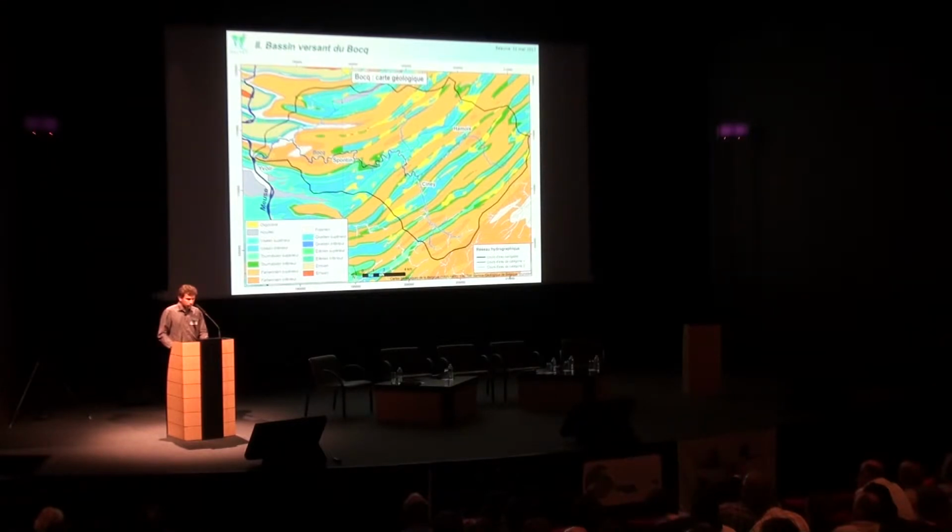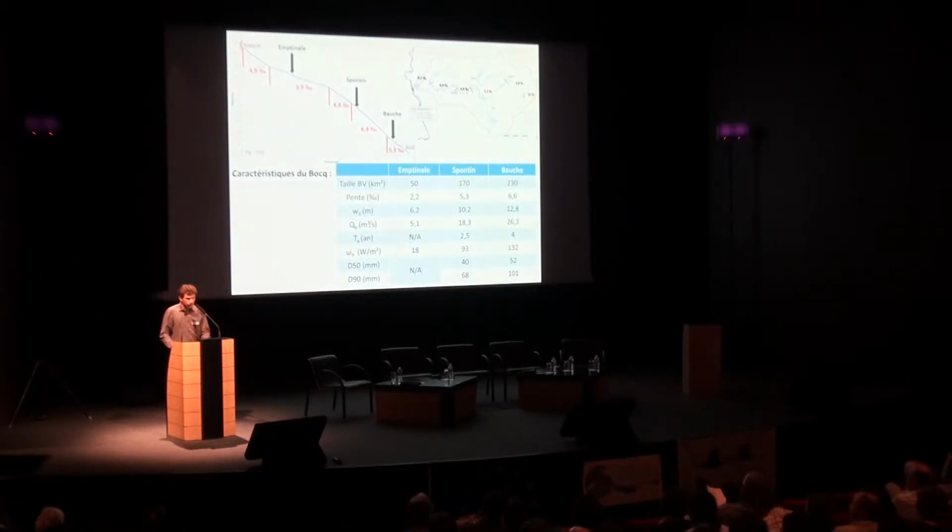The flow of the river comes mostly from groundwater. That's why a lot of mills, industries and plants were built on this stream.